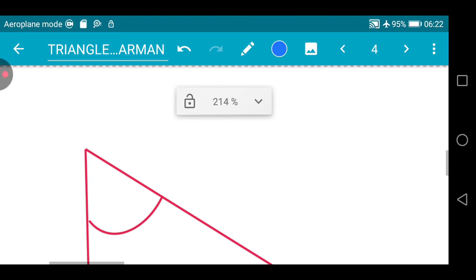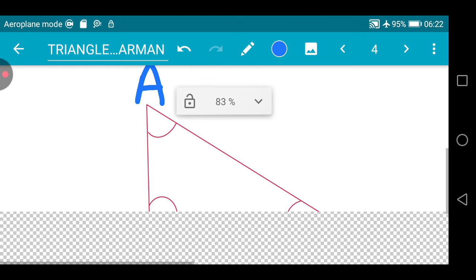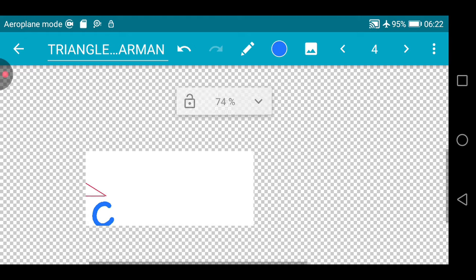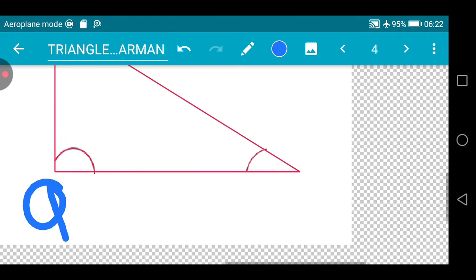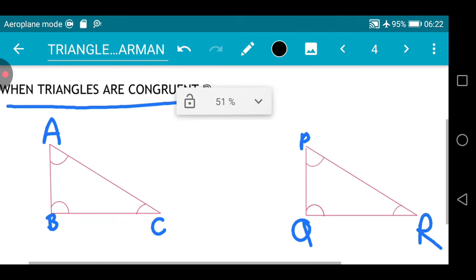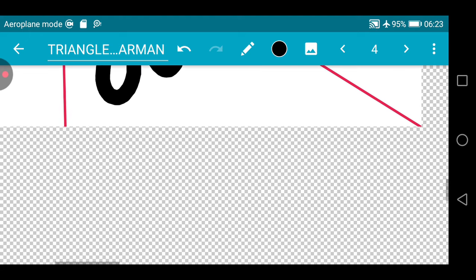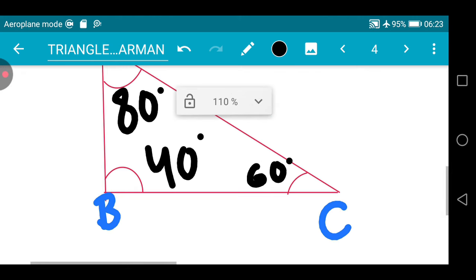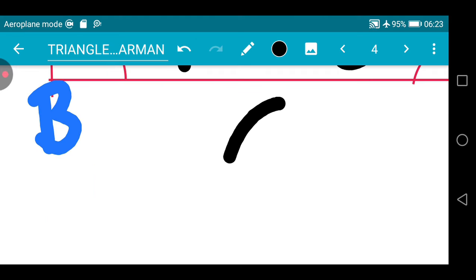If I name this triangle ABC and this one PQR, suppose angle A is 80 degrees, angle B is 40 degrees, angle C is 60 degrees, and the sides are 3, 7, 6.